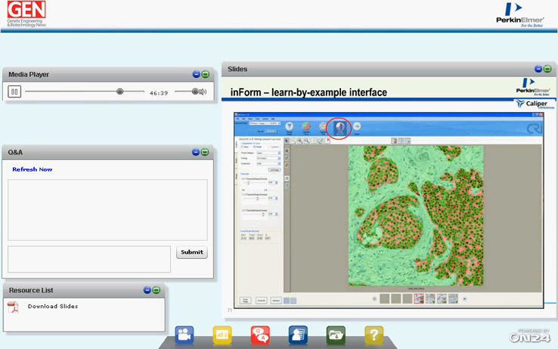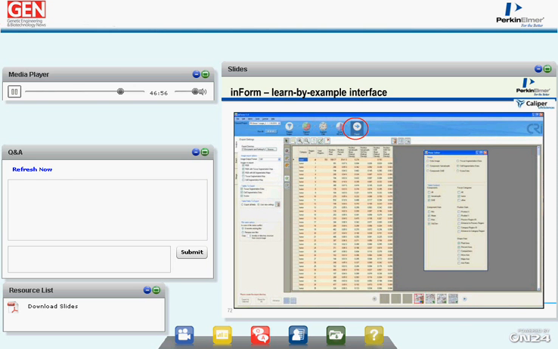So here we're summarizing the main attributes of this software. It's got a very simple learn-by-example interface. Doesn't require a PhD in image analysis. All you really need is to be able to recognize the various tissue types. Training of algorithms is quite quick. It takes 10 to 20 seconds to train an algorithm.